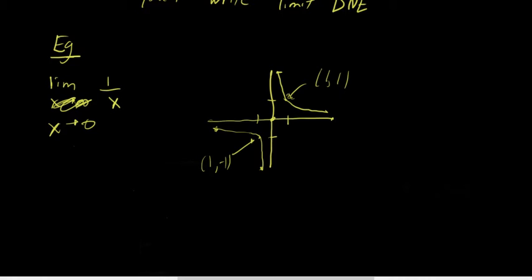And approaching 0 from the negative side, as the fractions become smaller and smaller negative numbers, the reciprocals will become larger and larger negative numbers. So the limit as x tends to 0 from the right, and if you remember from the earlier videos, the notation for x tends to 0 from the right is x arrow 0 with a plus superscript denoting from the right, of 1 over x is positive infinity.